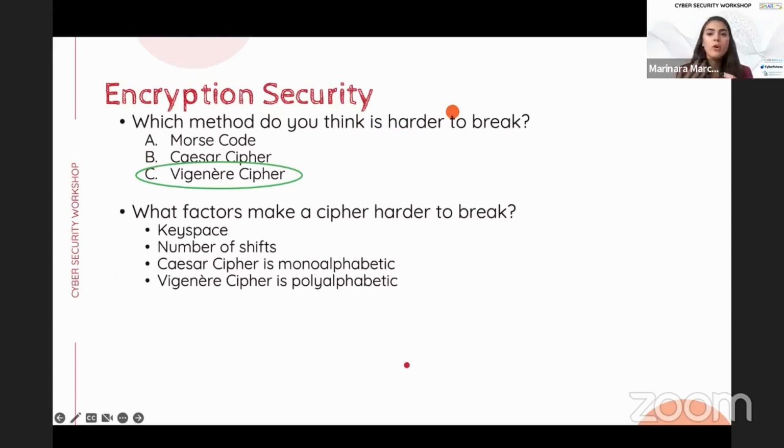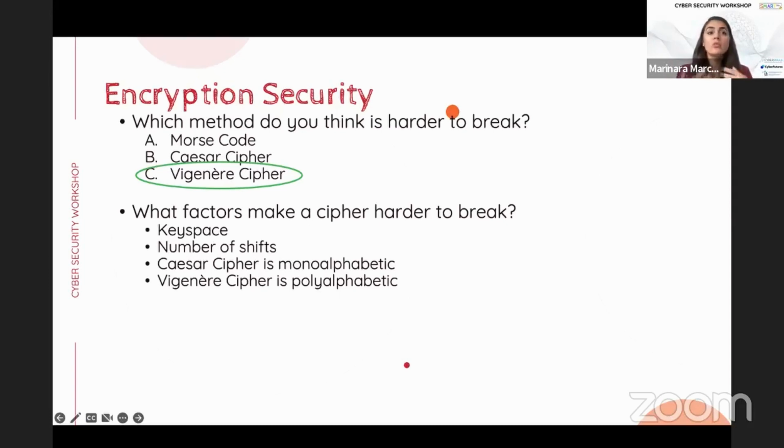For the Morse code, a letter like E, which I remember was a dot because that was the easiest one, would always appear the same. It never changes.